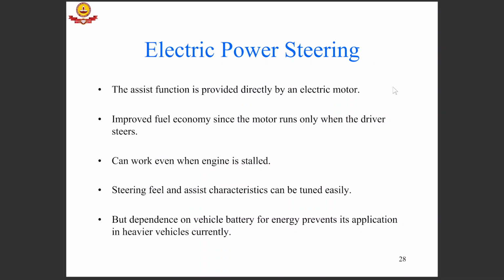Okay, so here the steering feel and assist characteristics can be tuned easily, but it depends on the vehicle battery for energy, which prevents its application in heavy vehicles as of today.